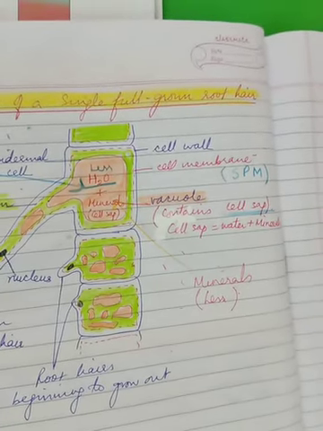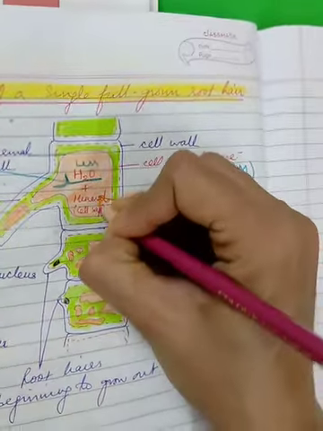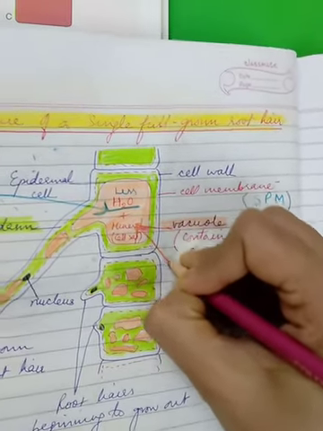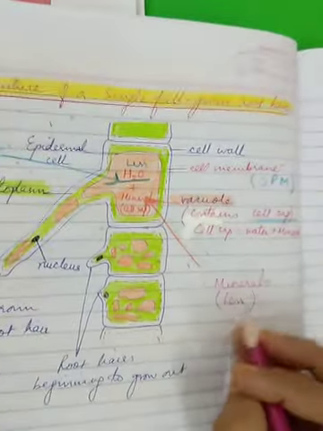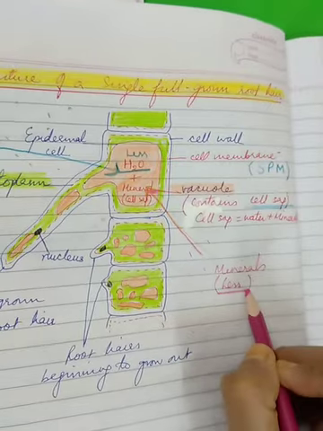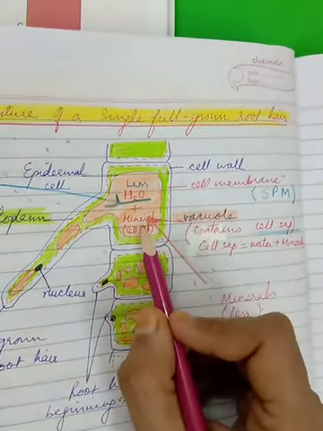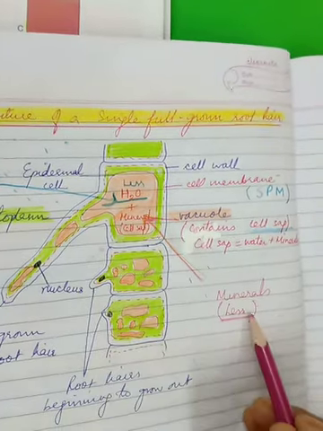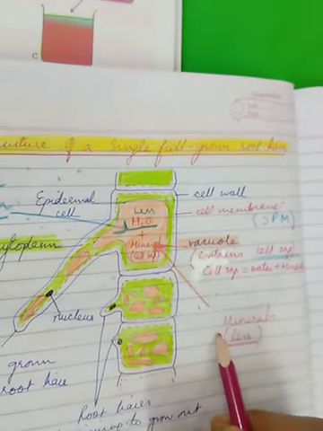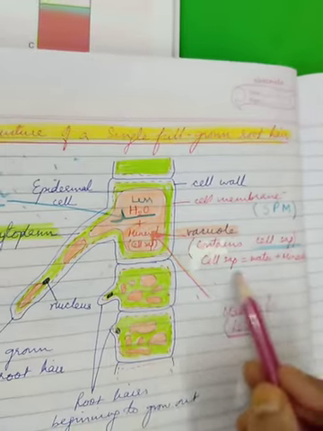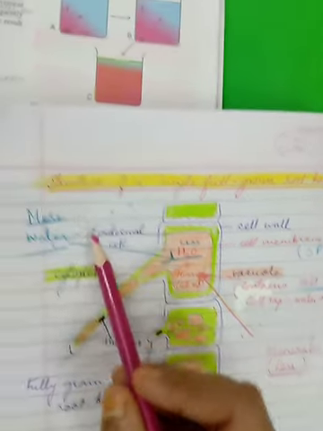In other words, the minerals are being forcibly taken up. Once again, minerals are moving against the law of nature. Already less, they are going to a region where they are in abundance. So this forceful absorption is called active transport, and this utilizes energy. This was very easy.